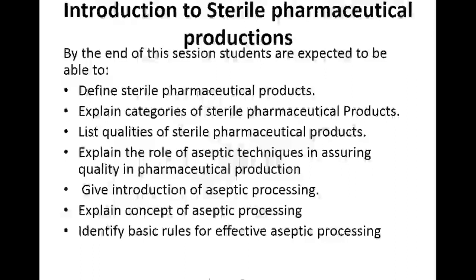And also we are supposed to give an introduction on aseptic processing, explain the concept of aseptic processing and identify basic rules for effective aseptic processing. You are most welcome to these sessions, and pay attention so as to understand and to be competent in our field of pharmacy.